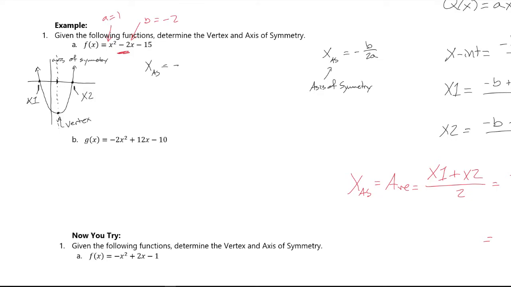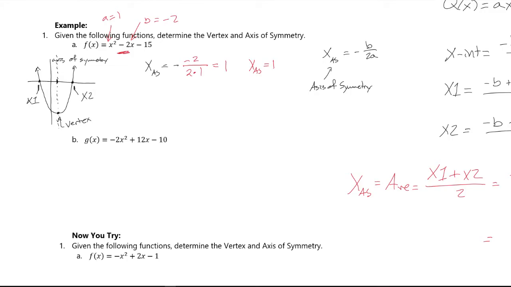I don't have 0x squareds there, I have 1x squared. So a is 1. So if we plug this in, we'll get -2 over 2 times 1. The negatives will cancel, and 2 divided by 2 is 1. So the axis of symmetry is x equals 1. We can just abbreviate this: the x value of the axis of symmetry equals 1.